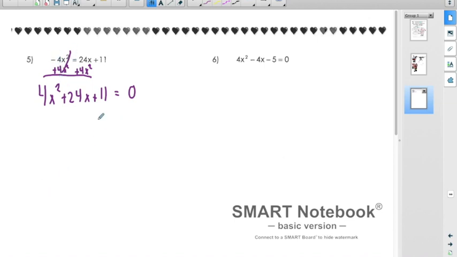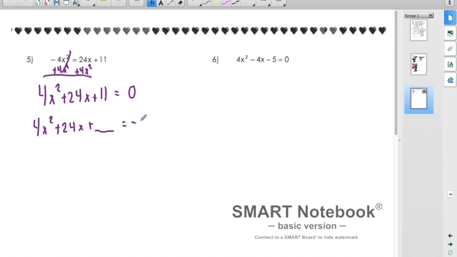So now I'll get my variables on the left side and my constant on the right. So I'll have 4x squared plus 24x. And to move the 11, I'm going to subtract it from both sides, which means I'll be left with some blank here. Don't forget that blank.